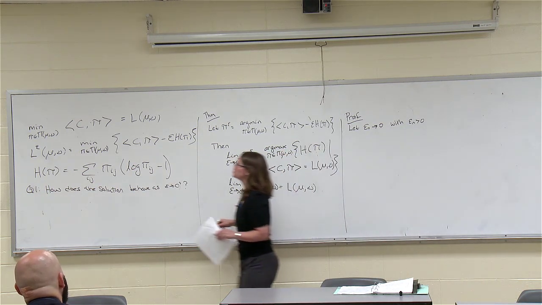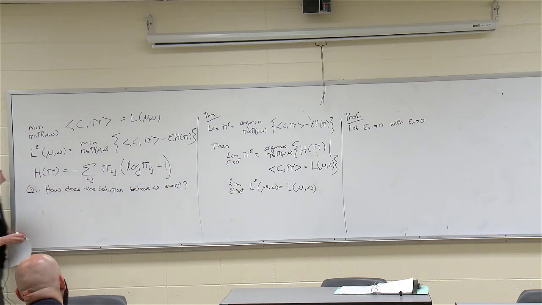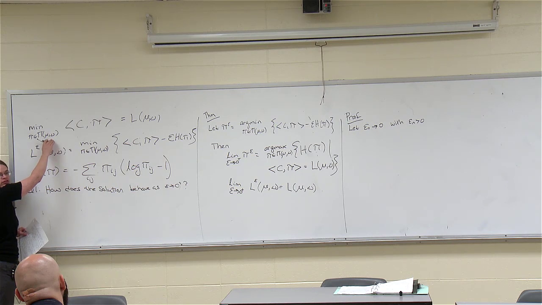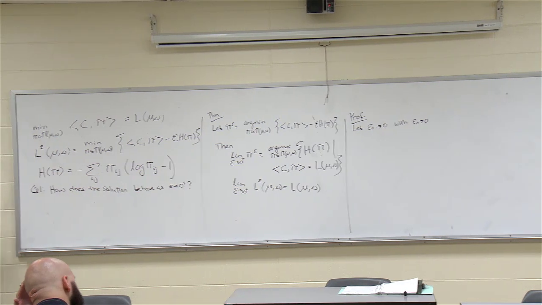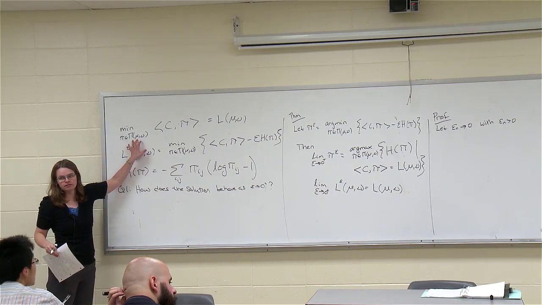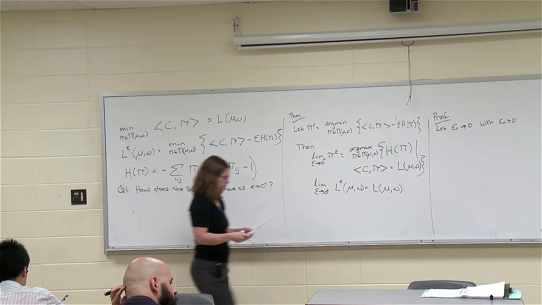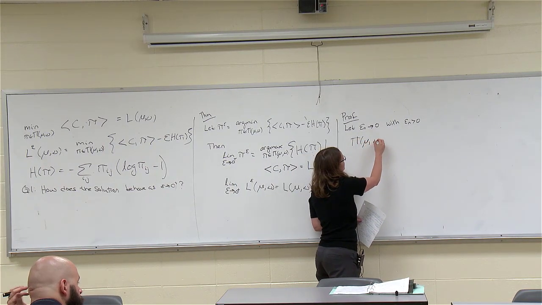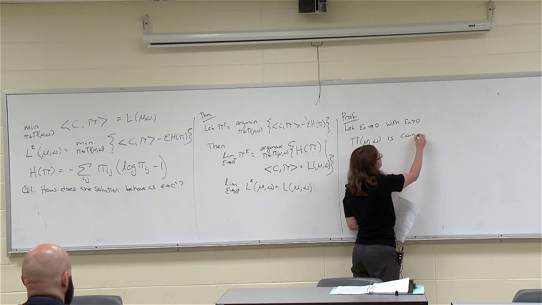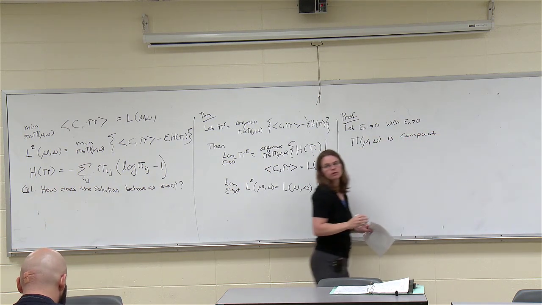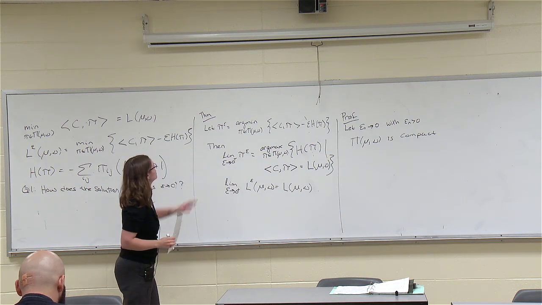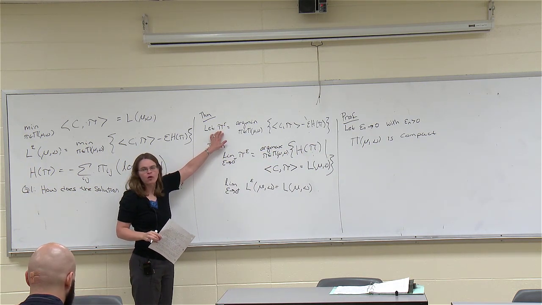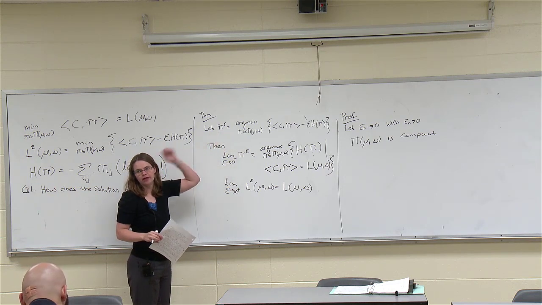Now, we've used the fact before that this constraint set is a set of probability measures, and if we're working on bounded domains, this is a compact set. Since this is compact, given a sequence of pi epsilons, we can always extract a convergent subsequence from that.